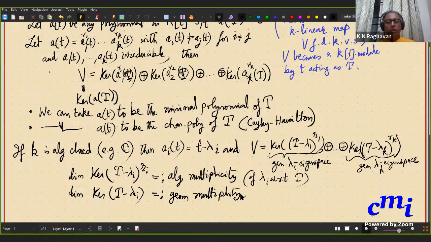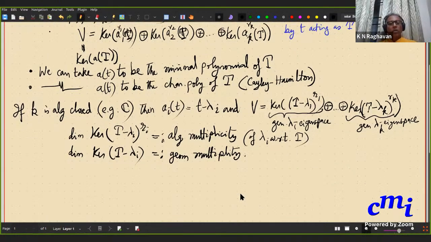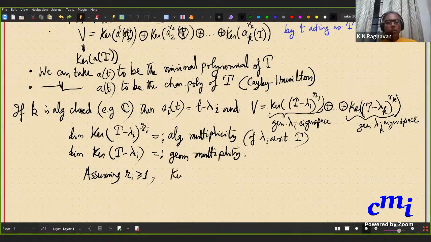Okay, and so assuming Ri is bigger than or equal to 1, the kernel of T minus lambda i to the Ri is a bigger space than the kernel of T minus lambda i.